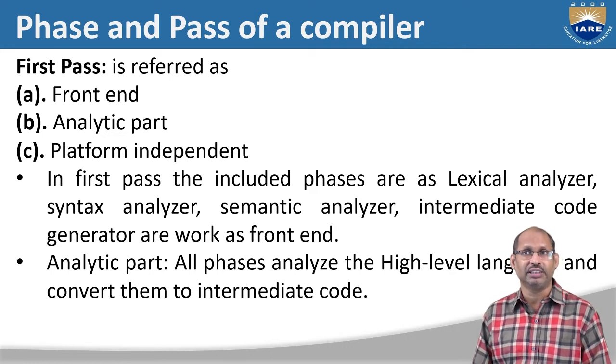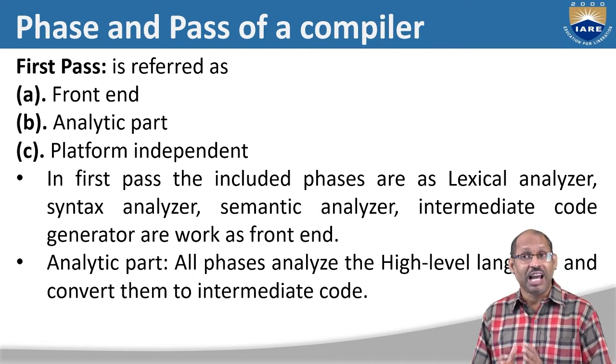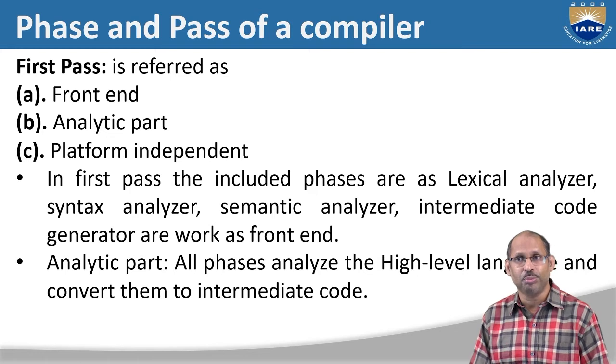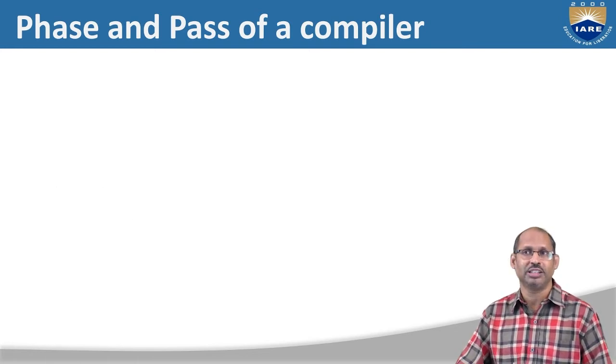These 4 phases are grouped as the first pass. We refer to it as the first pass, front end, analytic part, or platform independent. These phases will analyze the high-level language programs and convert them to the intermediate code representation.